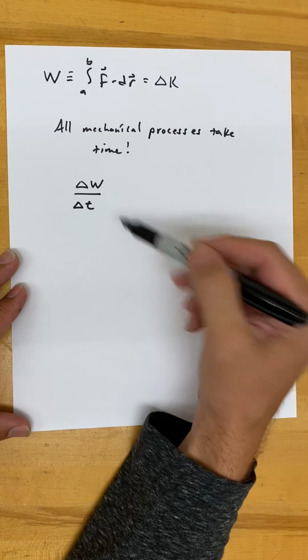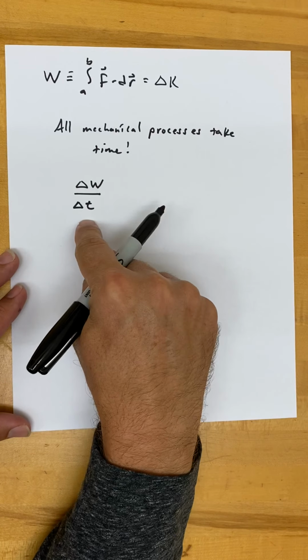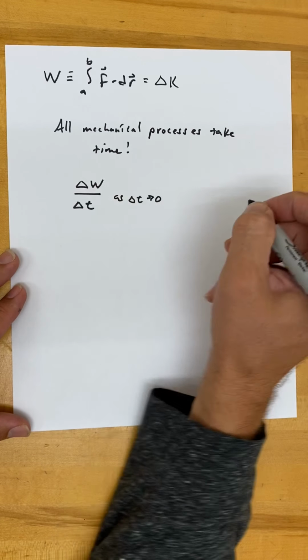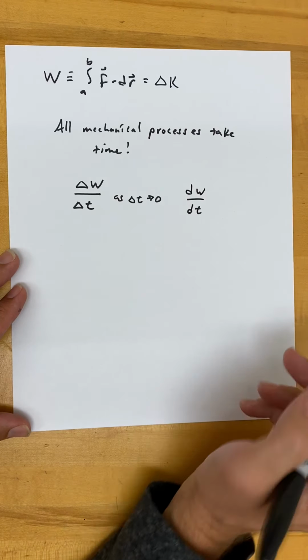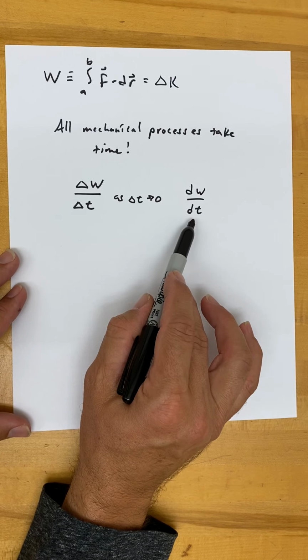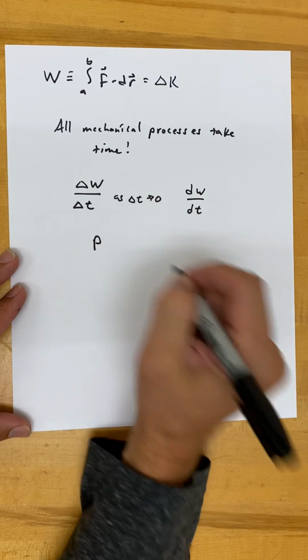We're going to stick with just this delta W over delta T. Of course, in the limit, as delta T approaches 0, this can become dW dt. This would be something like the average, and this would be the instantaneous. Instantaneous what? Well, what we're talking about is power.